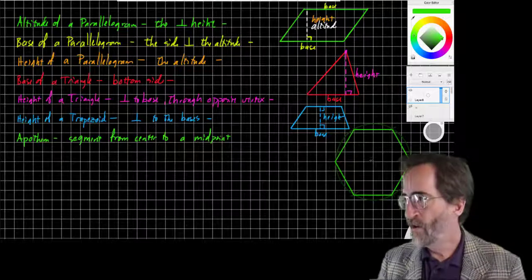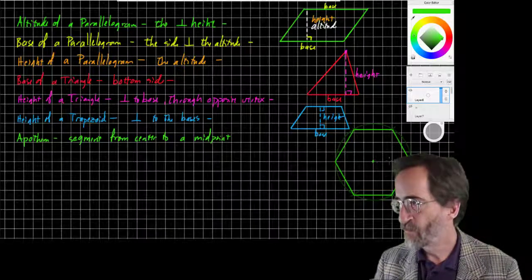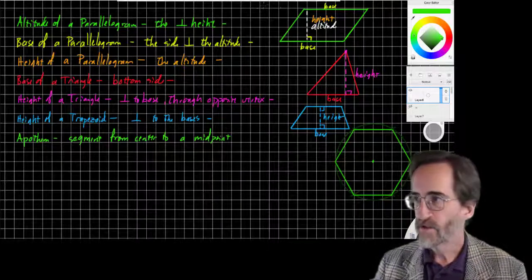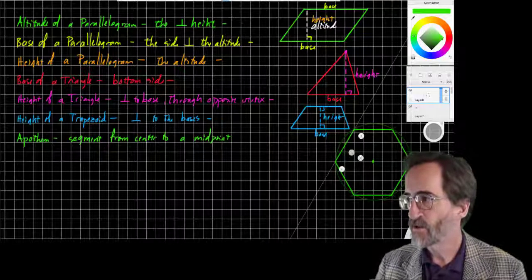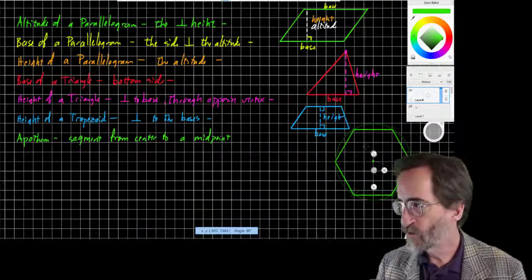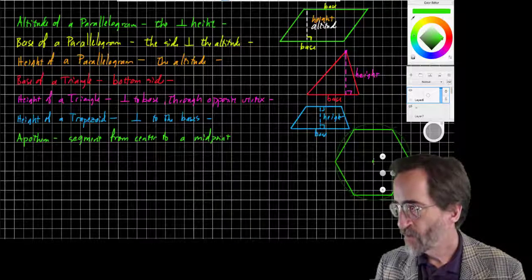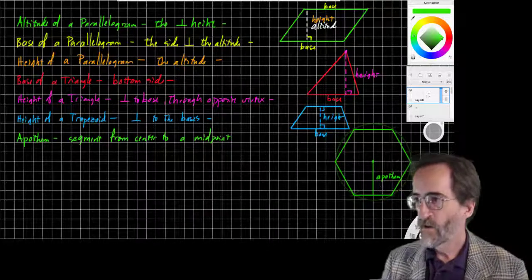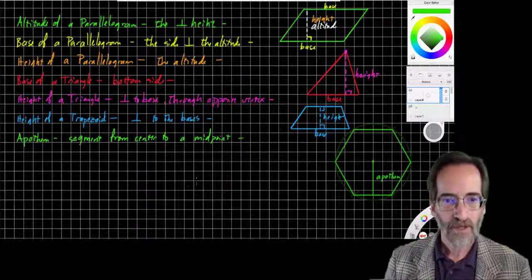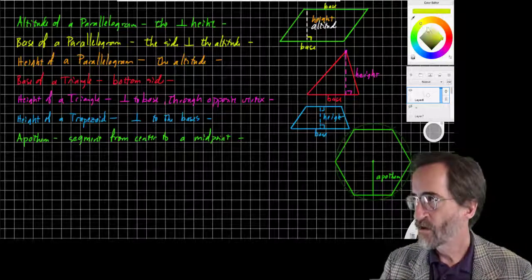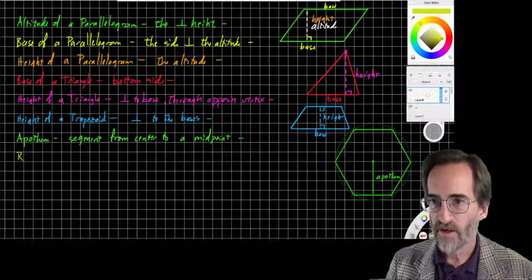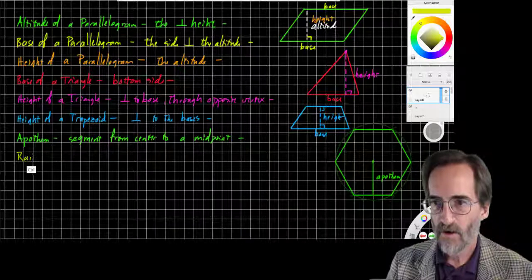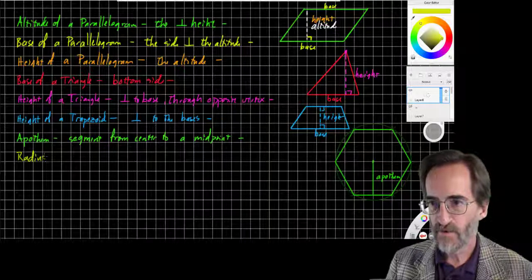Good. And the apothem is drawn from the center to the midpoint of one of the sides. Apothem. Okay. And then radius. Radius in particular of a regular polygon. It's kind of like the radius of a circle.